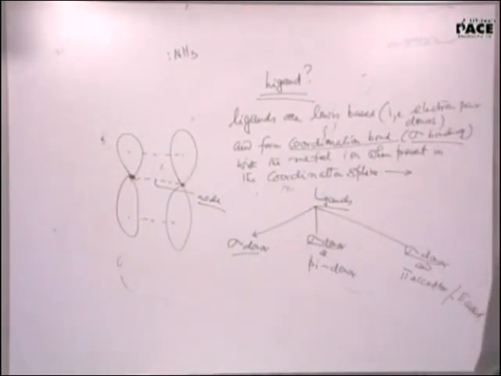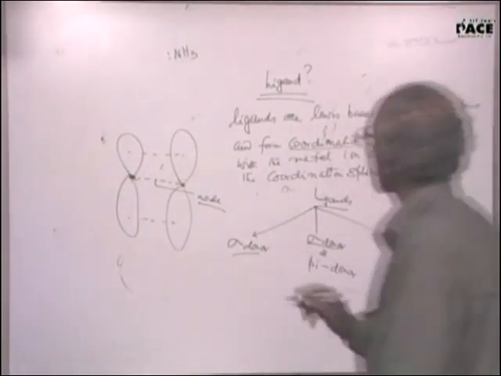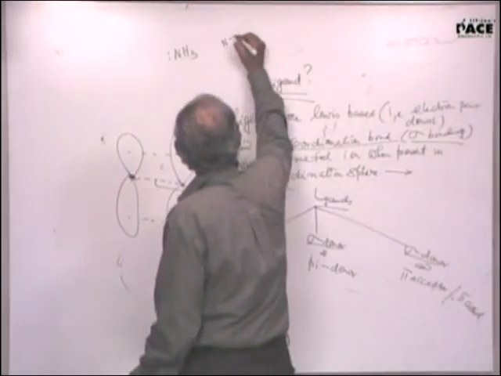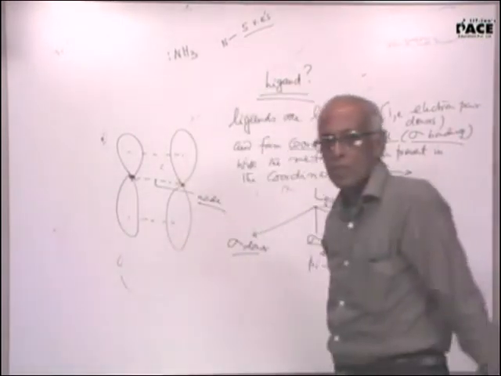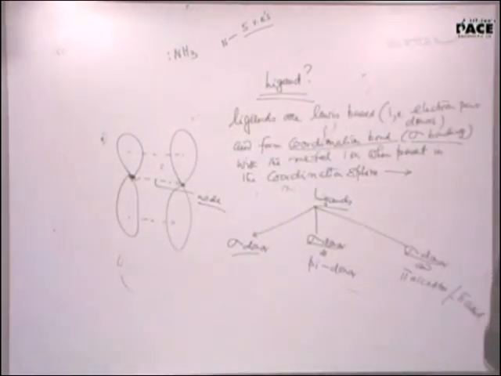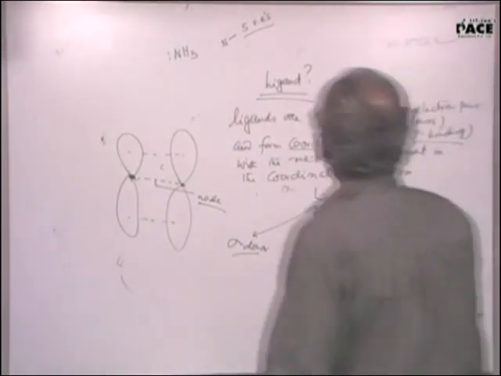The nitrogen has 5 valence electrons, because nitrogen is in the 15th group.